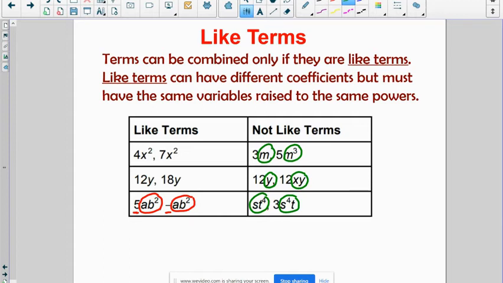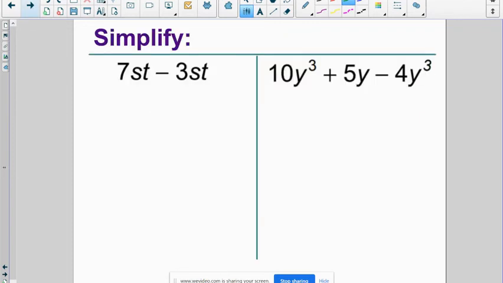So this is important because we can only combine terms together if they are like terms. Otherwise, we can't add or subtract terms together. So let's take a look at some examples. First, we're going to simplify 7st minus 3st. Well, are the variable parts the same? St, st. They are.